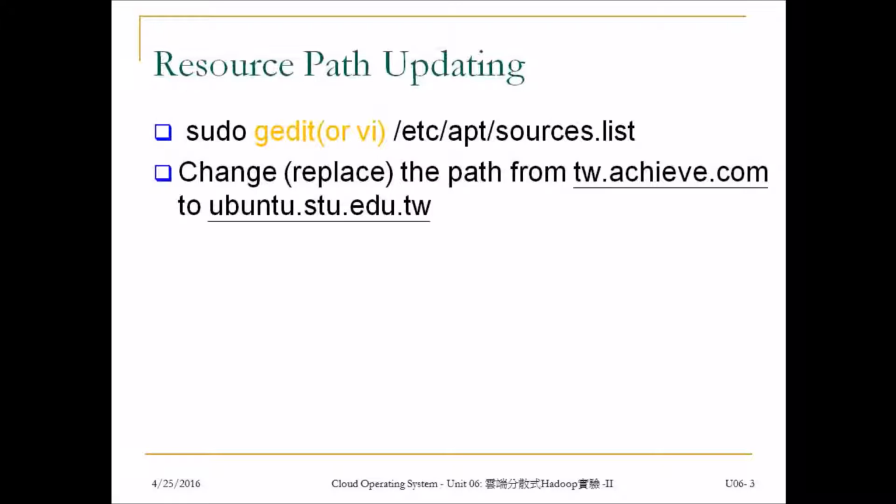If you use the Ubuntu desktop, you can use gedit for editing the source.list file. Otherwise, if you use the Ubuntu Enterprise Cloud, you need to use the VI editor to rewrite the source.list file under the path /etc/apt.